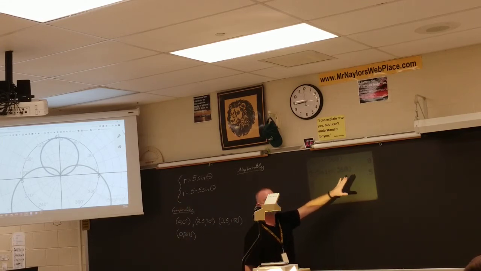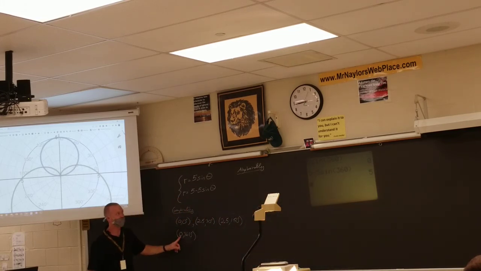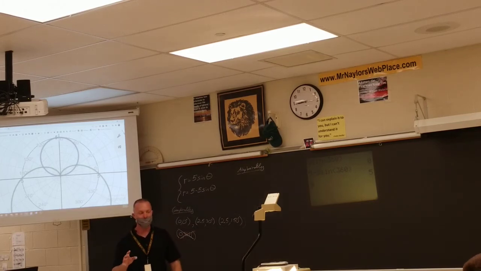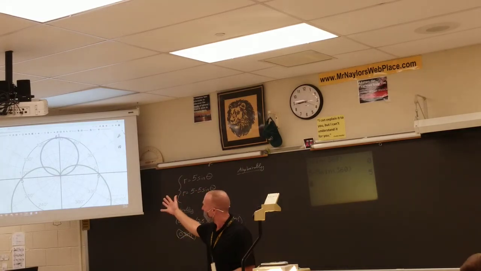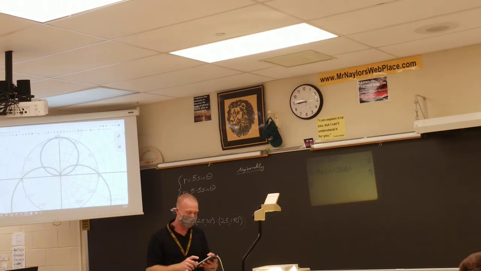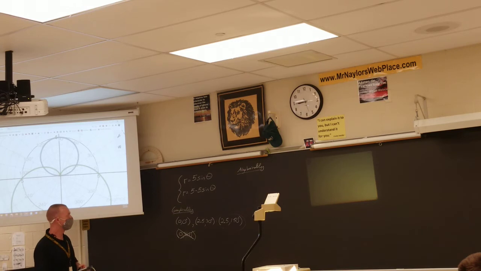It comes out to not equal 0. It comes out to be 5, a whole different number. What that means is that this point is actually not a solution, because it didn't work in both equations. Now you say, but it looks like a point on my graph. Right, it looks like a point on the graph, but when you check it, it's actually not a solution.